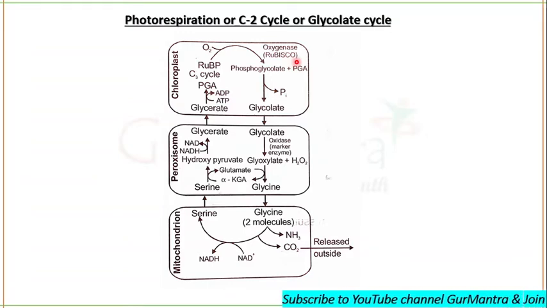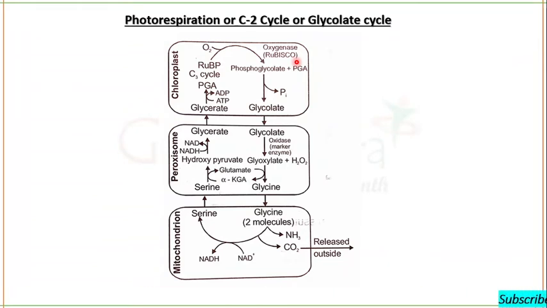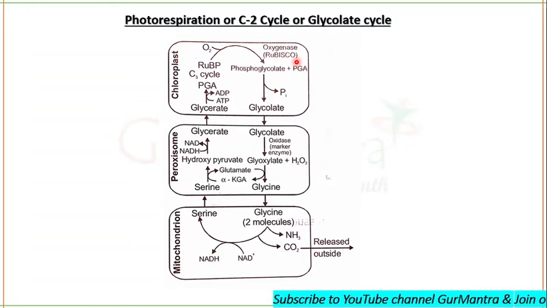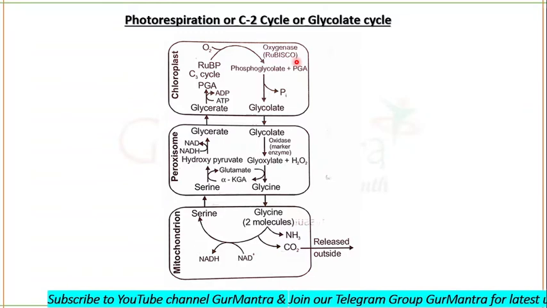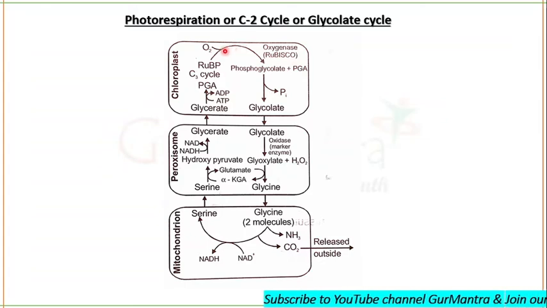It can act as carboxylase as well as oxygenase, but it acts as oxygenase when the temperature is high, light intensity is high, oxygen concentration is high and carbon dioxide is low. So now instead of fixing carbon dioxide, it starts fixing oxygen.